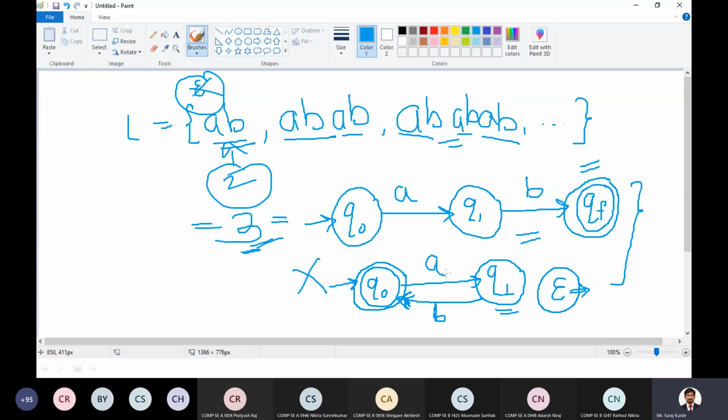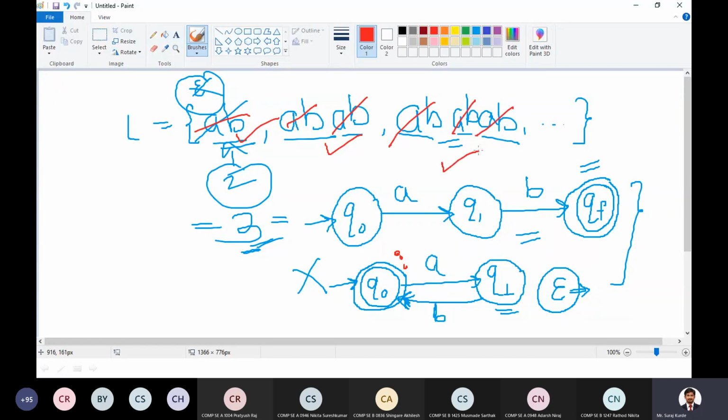Again, in this case also, it will accept AB. It goes to the final state. Again, the next AB, first AB goes to the final state, then the second string AB is also in the final state, and the third AB is final as well.